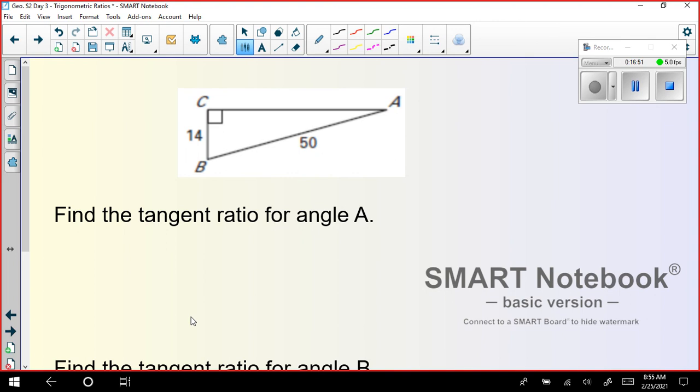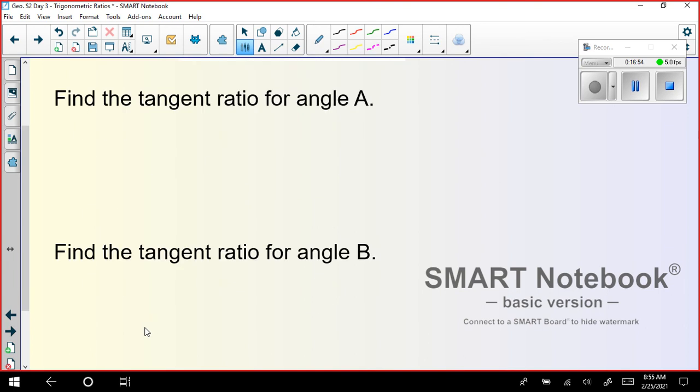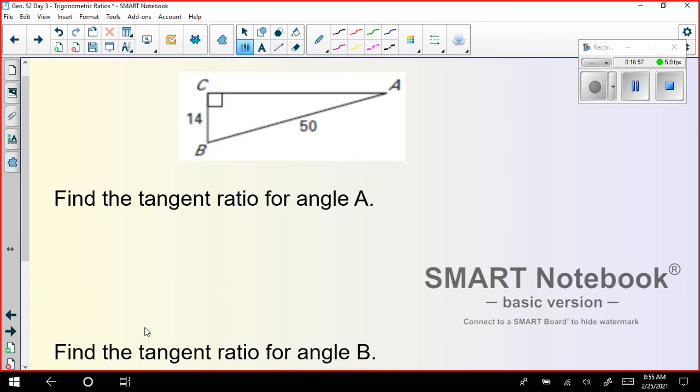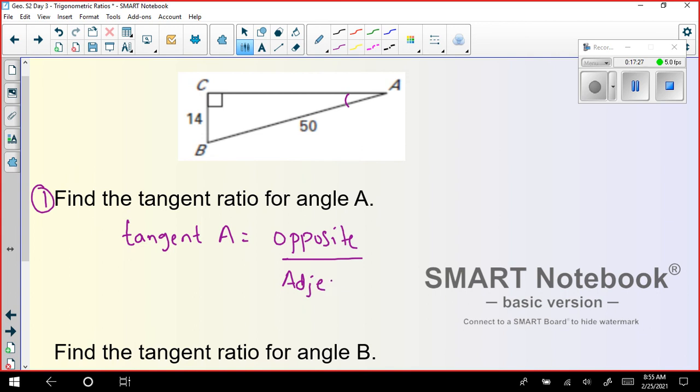Okay, I'll do this first part, then I'll give you a chance to work on the second part. Find the tangent ratio for angle A. So tangent of A is nothing but opposite over adjacent, the length of the opposite over the length of the adjacent to this particular angle A. In this case, the opposite is CB and the adjacent is CA.